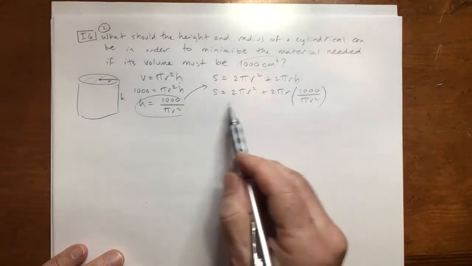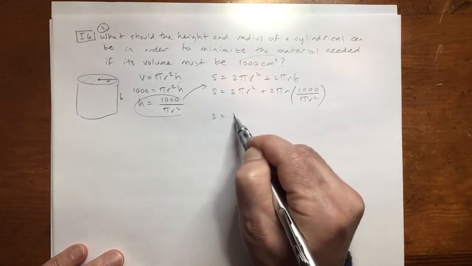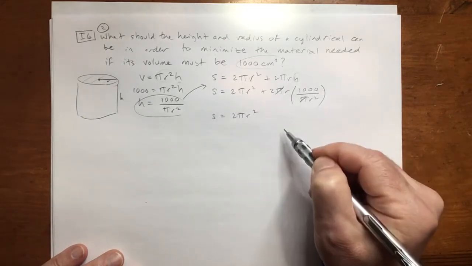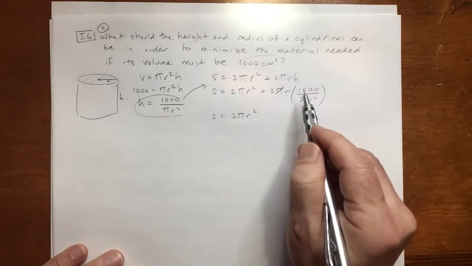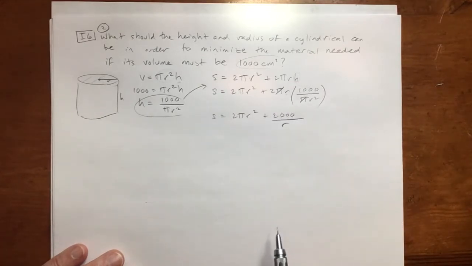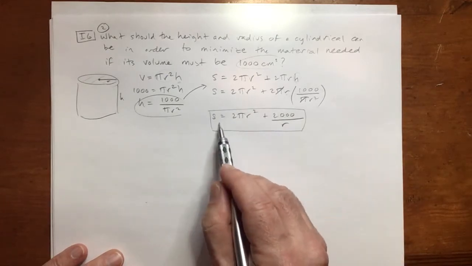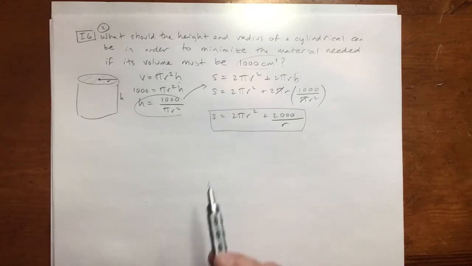And honestly, I don't want to derive it yet. I want to try to clean it up if I can. So let's see what I have. I have 2 pi r squared. Okay, these pi's reduce. One of the r's will reduce. And so up top I have 2,000 over r. So here I have the surface area in terms of the radius.